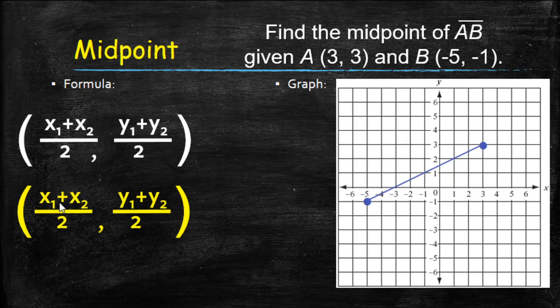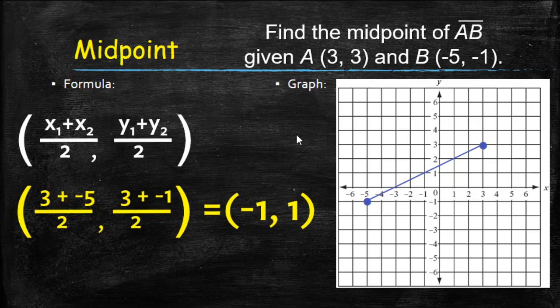So x sub 1 plus x sub 2 is replaced by 3 plus -5, and the y's are replaced with 3 and -1. I can plug this just like I see it into Desmos to simplify, and it gives me back (-1, 1) for my midpoint.